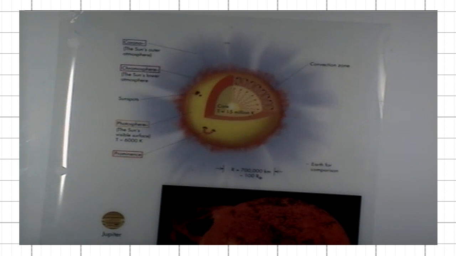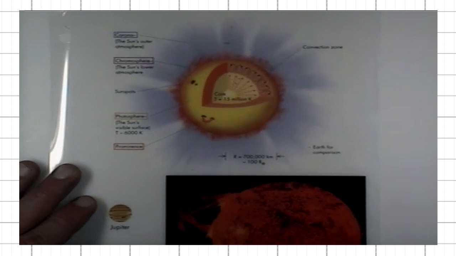And then when they get twisted too much, they actually untwist with release of a great amount of energy that heats up the sun's outer atmosphere. But we don't know for sure.